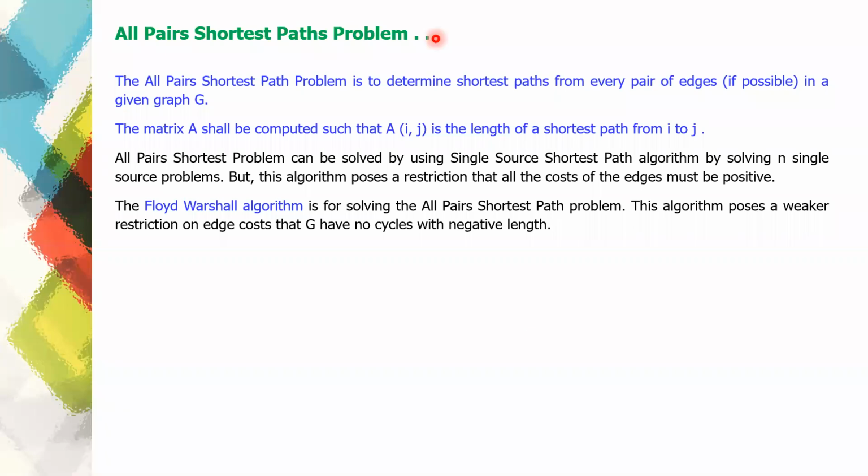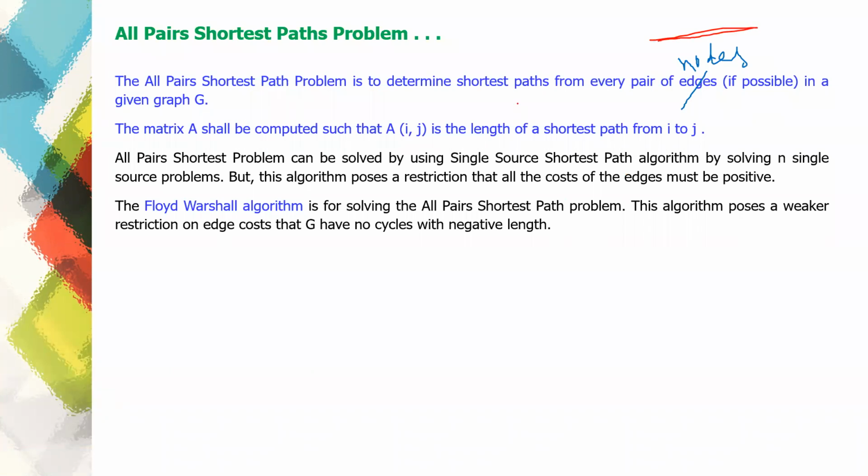So once you have the problem and the adjacency matrix, the all pairs shortest path problem is to determine shortest paths between every pair of nodes. This is every pair of nodes. This is not edges, but nodes. You'll have to find the shortest path between every pair of nodes.